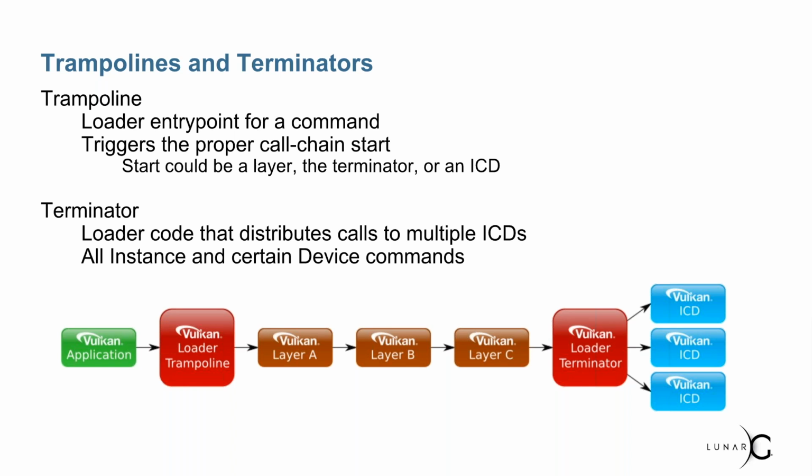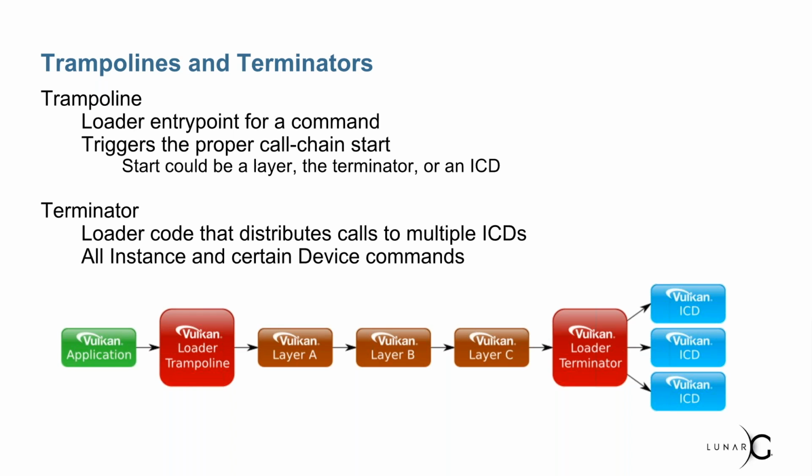You may have some set of enabled layers, you have a terminator, and then you have ICDs. The trampoline at the beginning there is always there if you query a command through the loader. So if the loader actively exports a command, you're going to get a trampoline. If it is an instance command, you're always going to have a trampoline. So that trampoline is there the majority of the time.